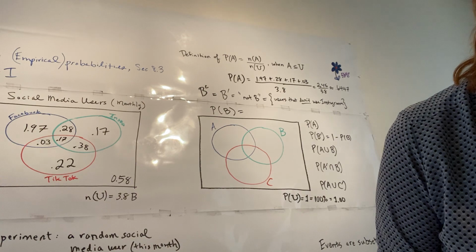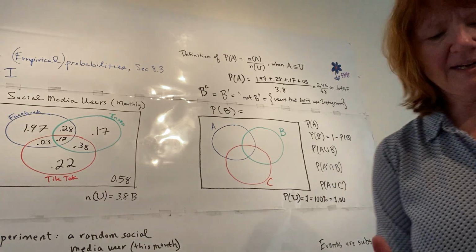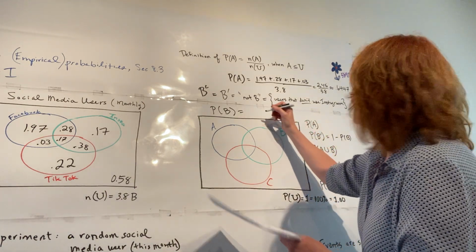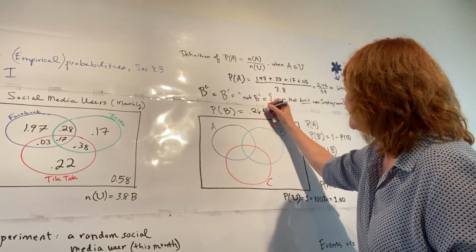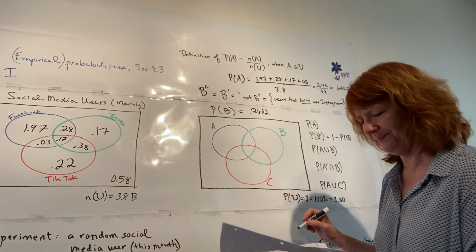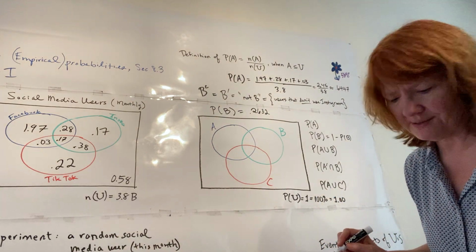Stop the video, figure that out. Are you getting 0.2632? You should, rounded to 4 decimal places.